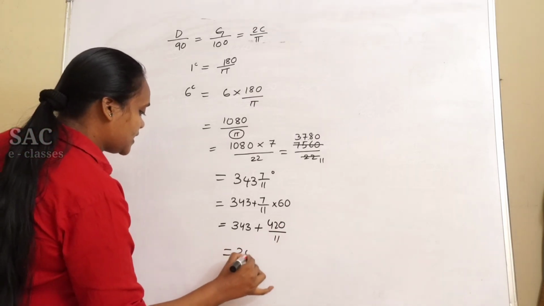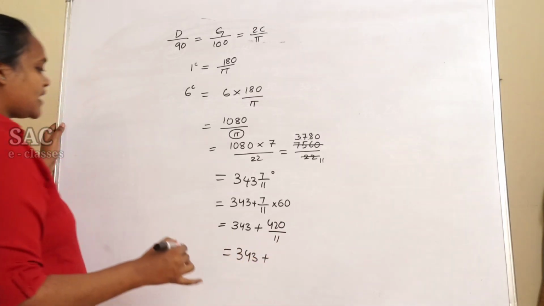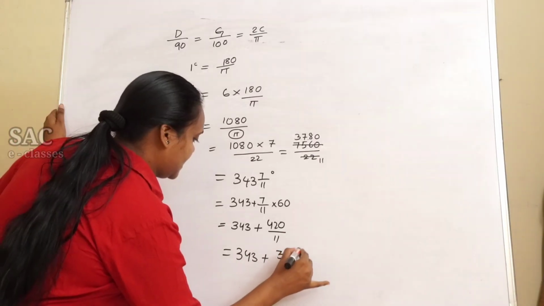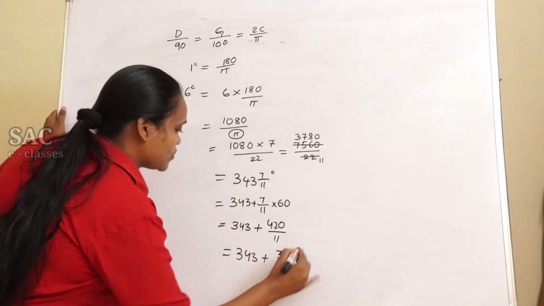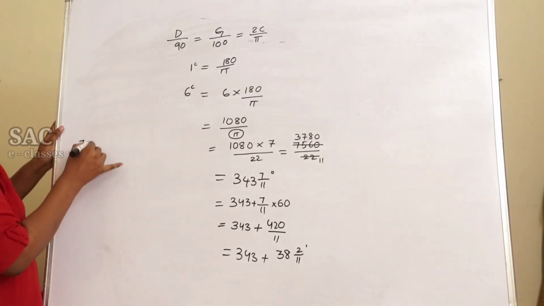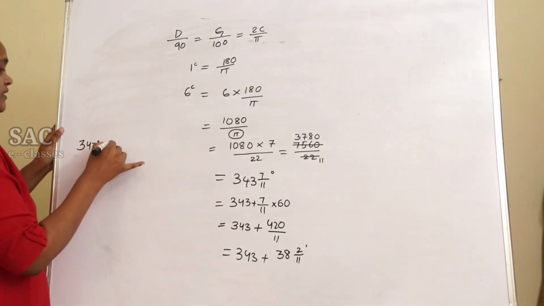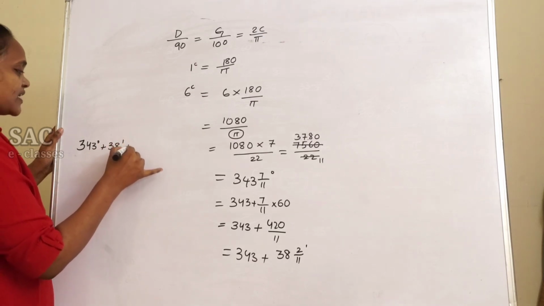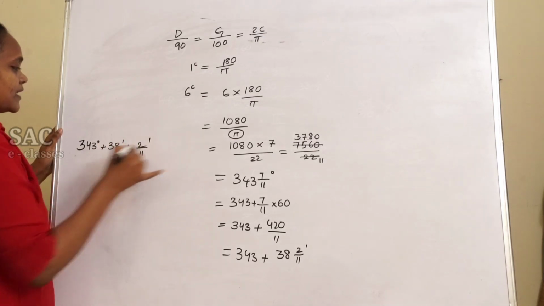Then in the 11 table, 38, and 2 by 11 came. So these many minutes.